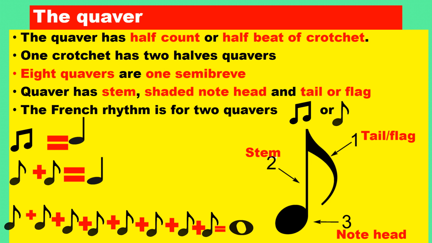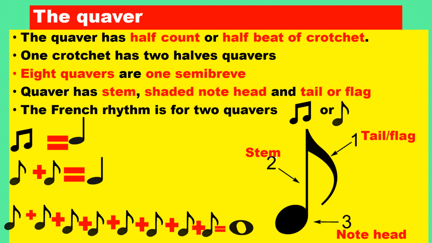Quaver. Quaver has half count or half beat of a crotchet. 1 crotchet has 2 halves, so one crotchet has 2 quavers, or a pair of quavers.